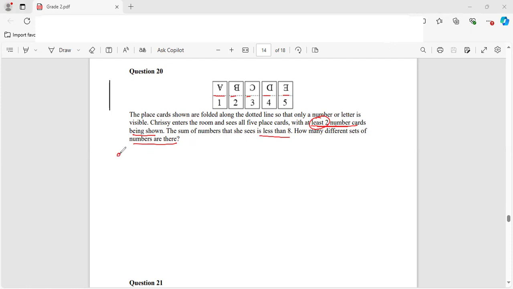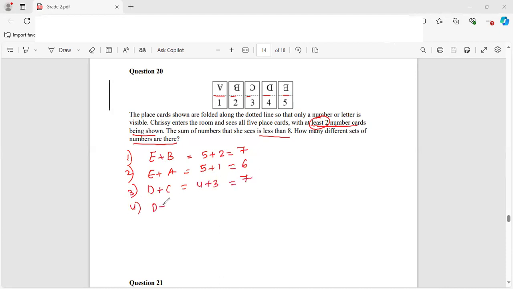So let's just see the combinations that we can see. Suppose he has an E. You can't take a 4, you can't take this. So E plus B, which is 5 plus 2, which is 7. That is possible. Similarly, it can be E plus A, which is 5 plus 1, which is 6. Then you can have D plus C, which is 4 plus 3 equals 7.